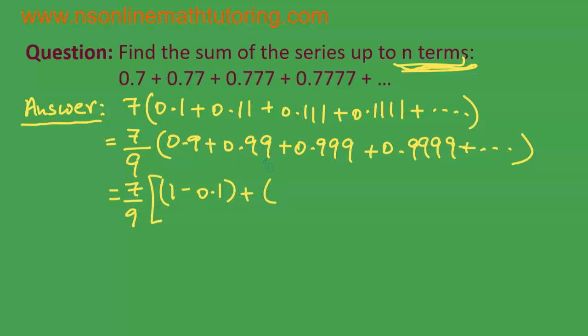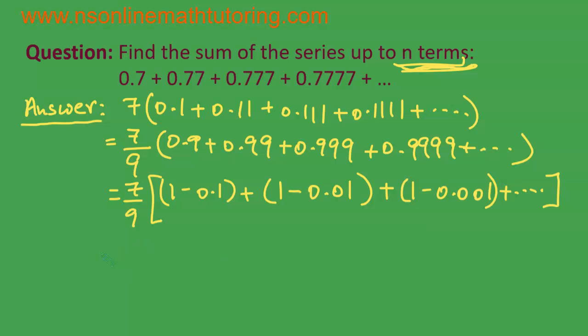Instead of 0.99, I can write 1 minus 0.01. Similarly, instead of 0.999, I may write 1 minus 0.001 and so on, up to n terms.